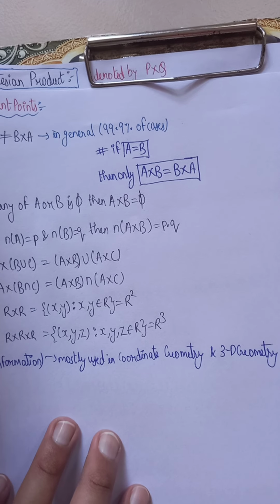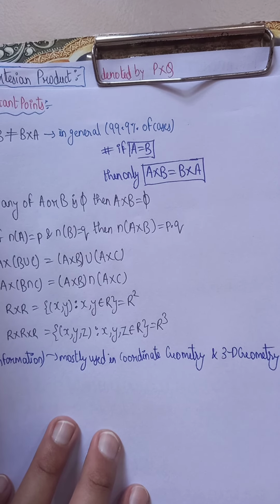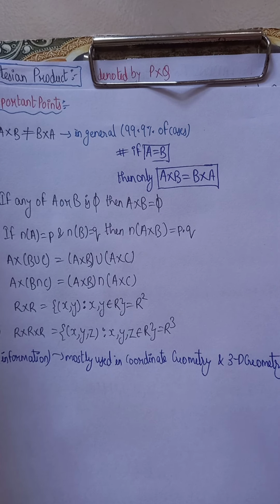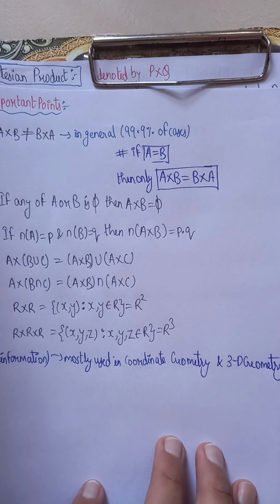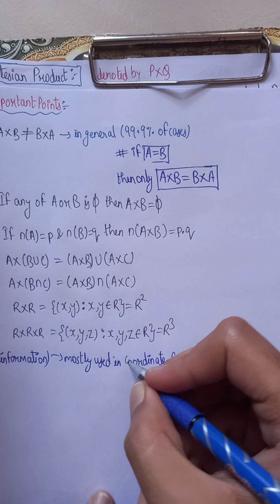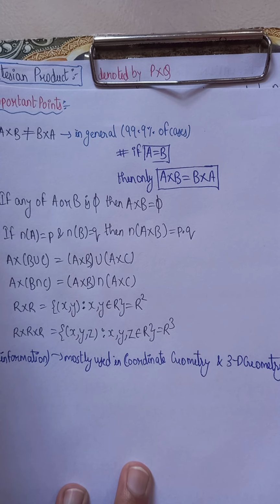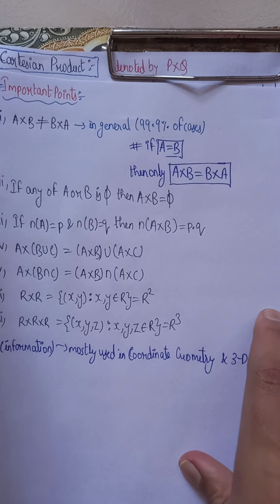Coordinate geometry is a chapter in class 11. It's a complete section, which has straight lines and all in that. It's a big section. We'll be learning coordinate geometry in class 11th, and 3D geometry we'll be learning in class 12th. So that's it with the important points.